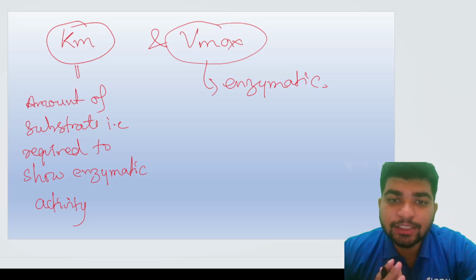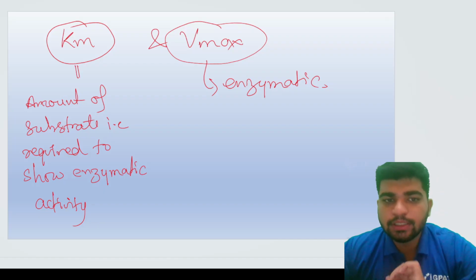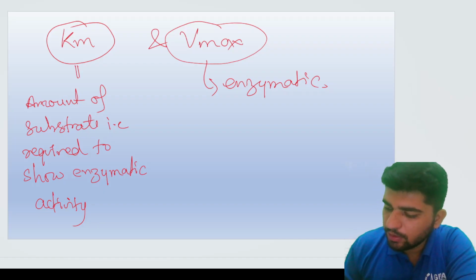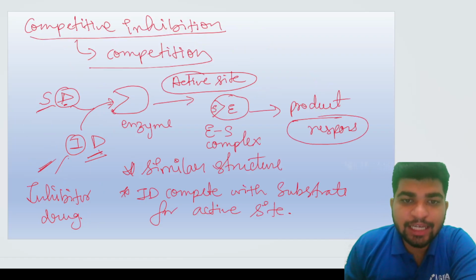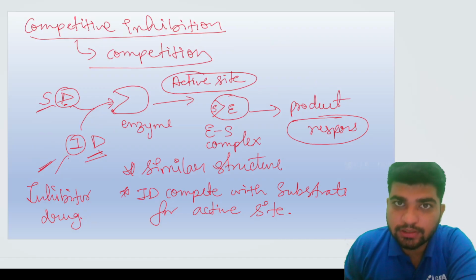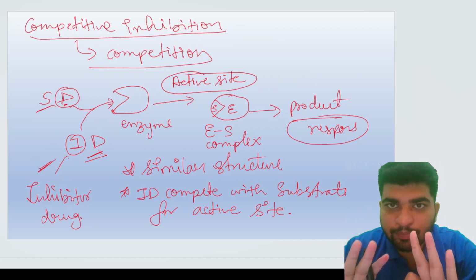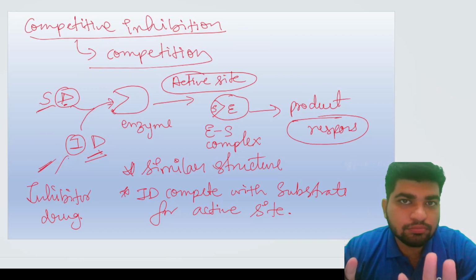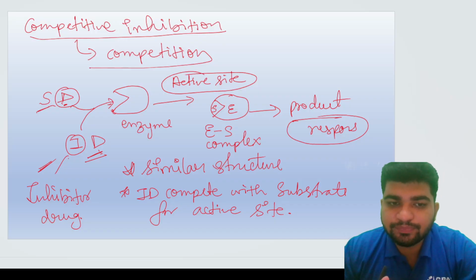What will happen in the case of competitive inhibition? The substrate binds to the enzyme only if there is no inhibitor. But if the inhibitor is competing against the substrate, the substrate has no chance to bind onto the enzyme.